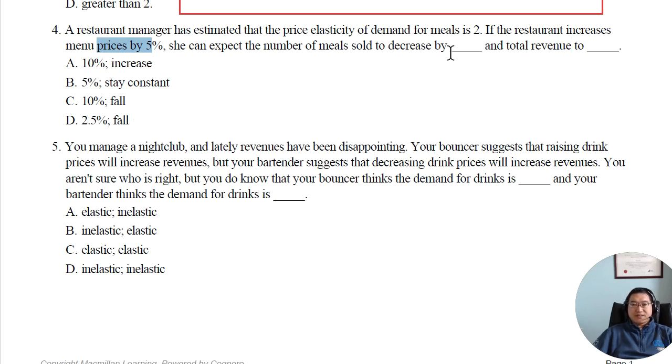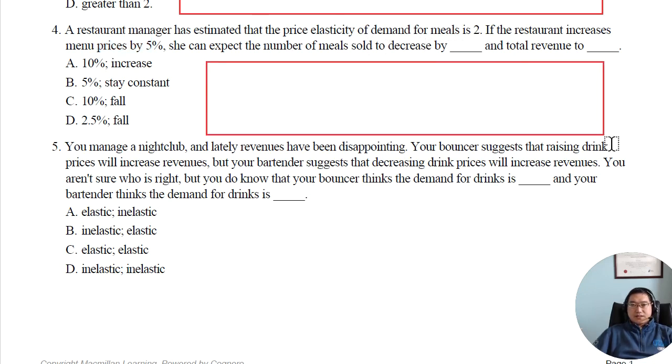If it's inelastic, then the revenue actually increases. But if it is elastic demand, the revenue will drop. But still, we need to do some calculation to get the change in the quantity demanded. So let's look at this definition: the percentage change in the quantity demanded divided by the percentage change in the price is 2.